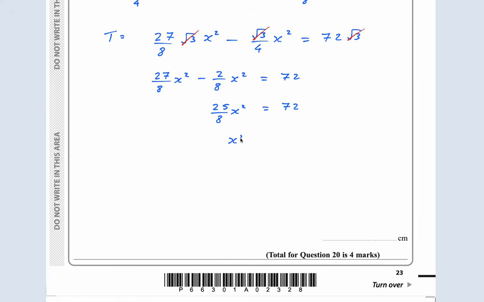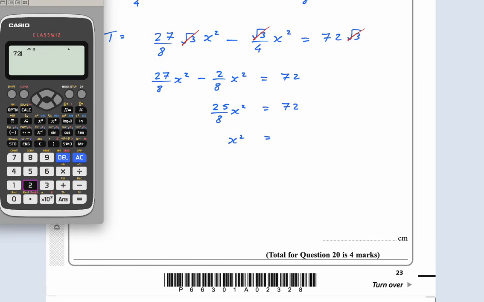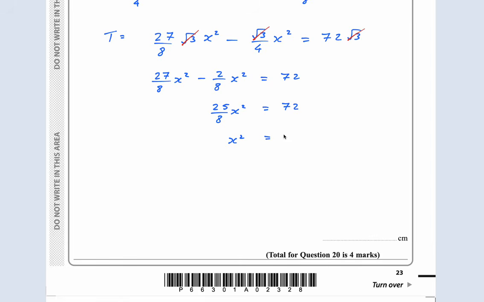Now multiply across. 72 times 8 is 576. This is 576 over 25, and I need to get the square root of this. So x is equal to the square root of this thing here.